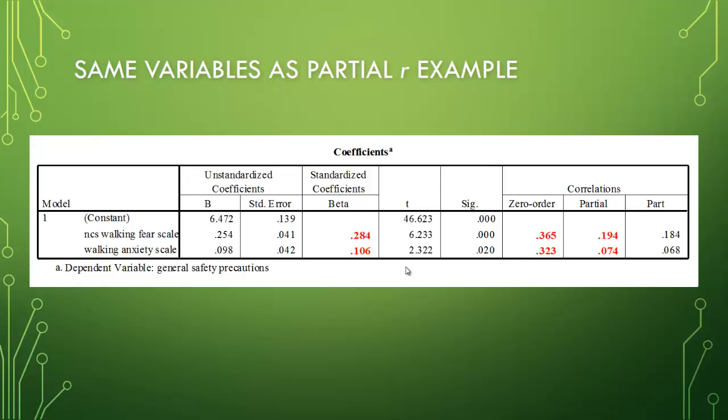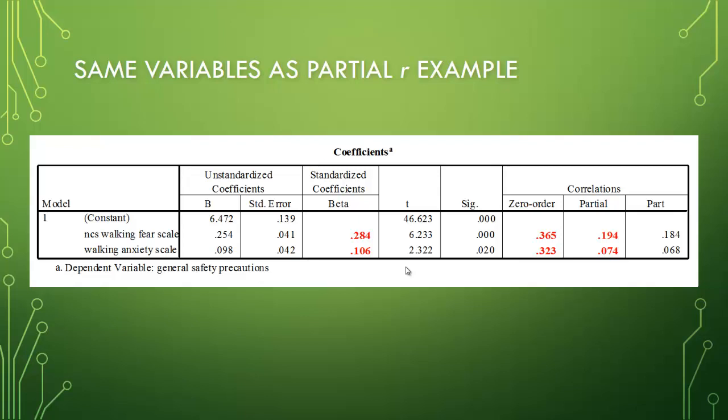Typically, we would look for the standardized coefficients to determine which variable had a greater impact. So a one standard deviation increase in fear leads to a 0.28 standard deviation increase in safety precautions taken. Also, a one standard deviation increase in general anxiety leads to a 0.106 standard deviation increase in safety precautions taken.